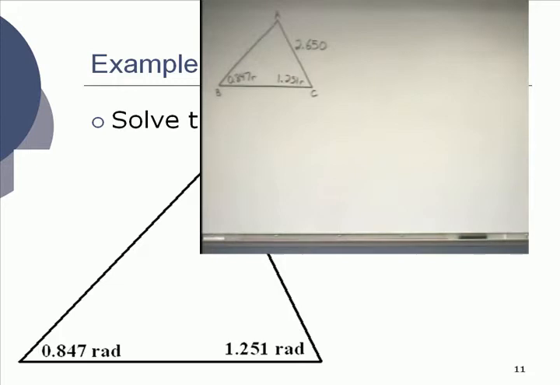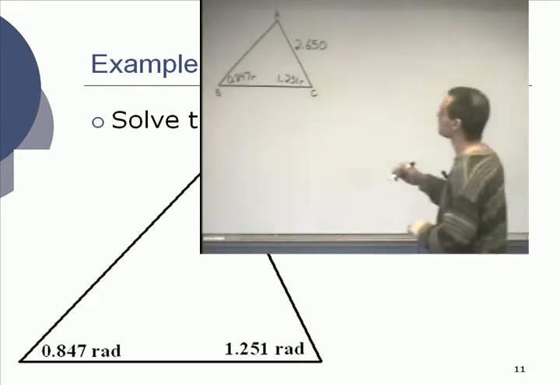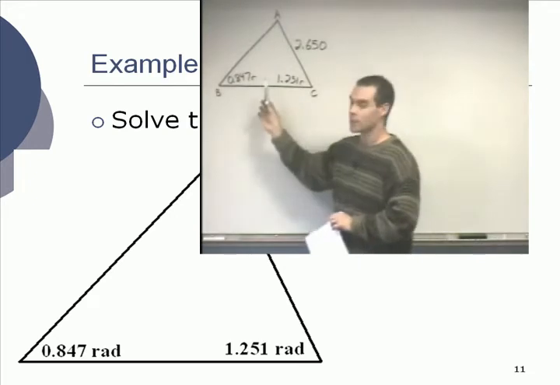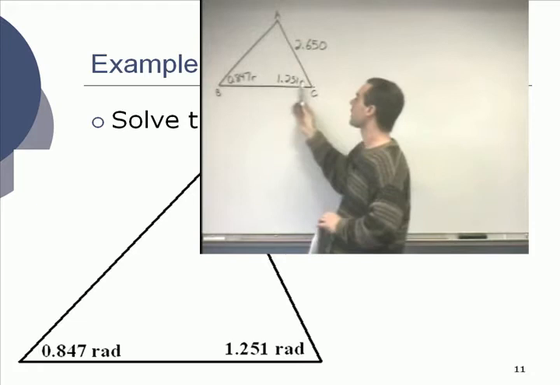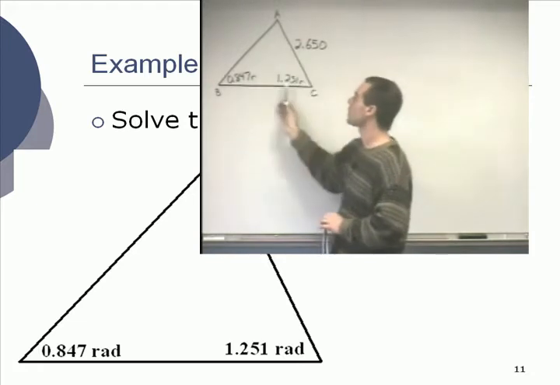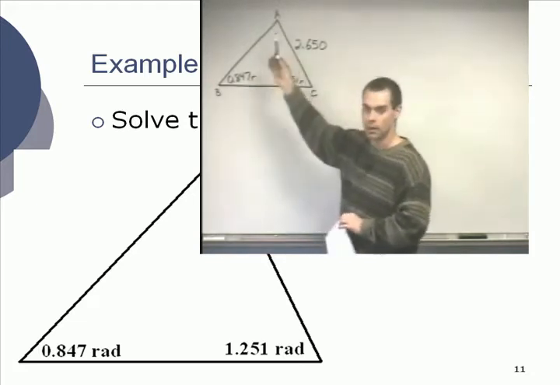Let's find angle A. How do you find angle A? We're in radians. Take pi and subtract these two. Just like all the angles in a triangle have to add up to 180 degrees, all three angles have to add up to pi, which is the radian equivalent.